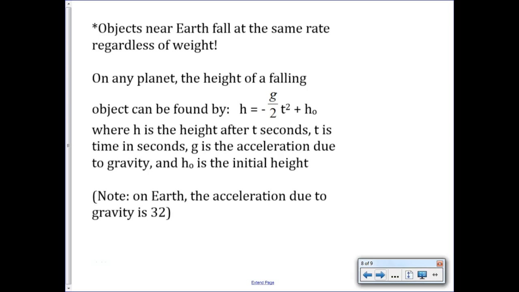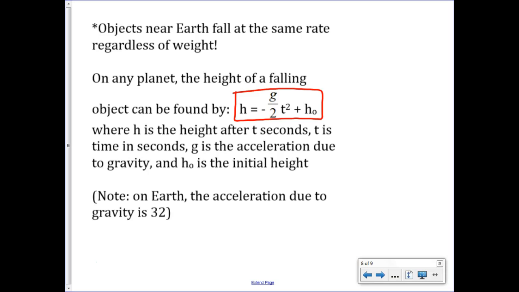And that rate then is right here. So on any planet, the height of a falling object can be found by this. Opposite of g over 2 times t squared plus h sub 0, where h is the height after t seconds, t is the time in seconds, g is the acceleration due to gravity, and h sub 0 is the initial height where we started.